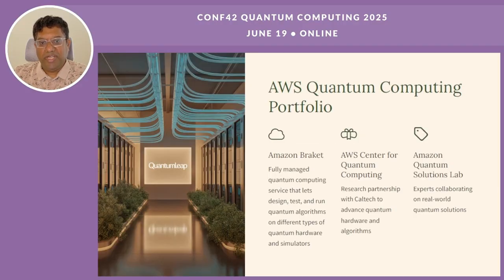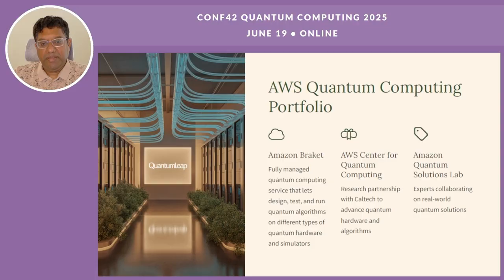Let's discuss the AWS quantum computing portfolio. The AWS quantum portfolio comes with three main aspects: Amazon Braket, AWS Center for Quantum Computing, and Amazon Quantum Solutions Lab. Let's talk about AWS Braket.